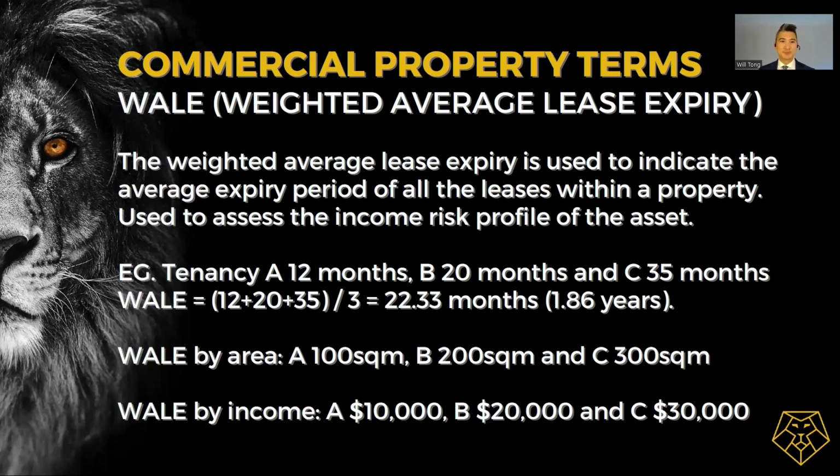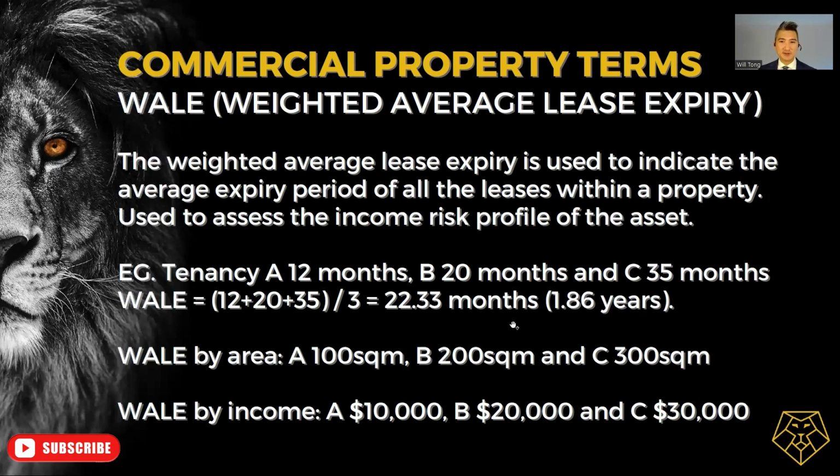So the WALE will be the average of the 3. 12 plus 20 plus 35 divided by 3 equals 22.33 months, or 1.86 years. So just by looking at this, I can see that the income risk profile of the asset is 1.83 years, as in after 1.83 years, I might stop receiving income.